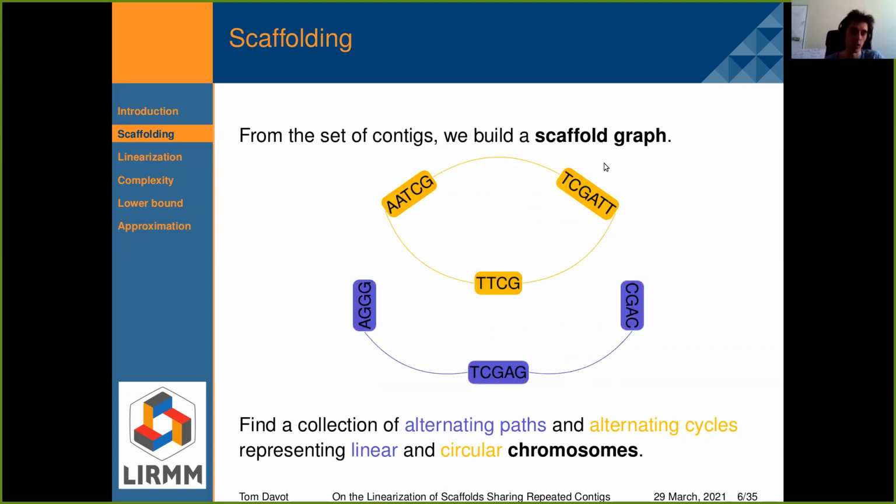Alternating means that we have to alternate between the contig edges and the non-contig edges, like this. Here we have one alternating cycle in yellow and one alternating path in blue.